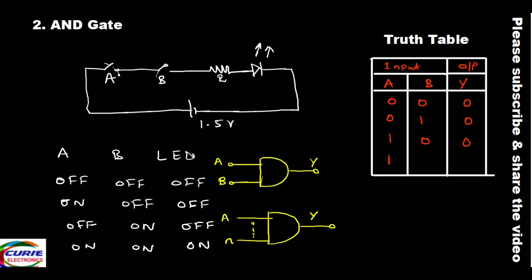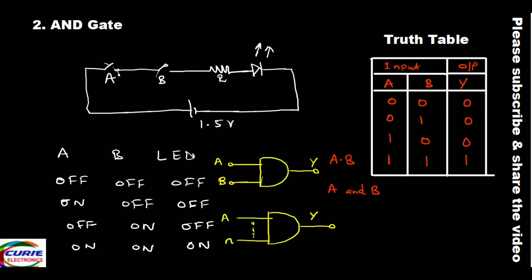Now I am making both the inputs 1. Now what happens? Output is 1. So the AND gate output is given as A dot B, which we read as A and B. It is used for logical multiplication. So this is about the AND gate.